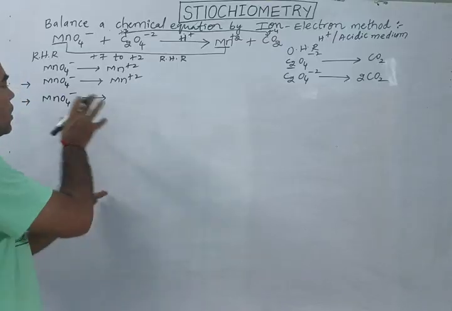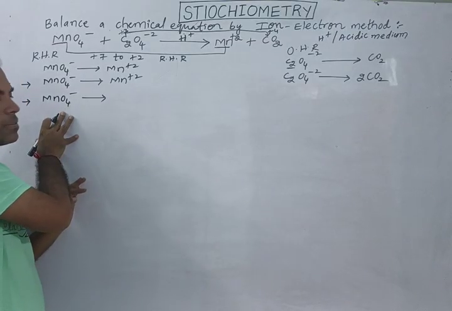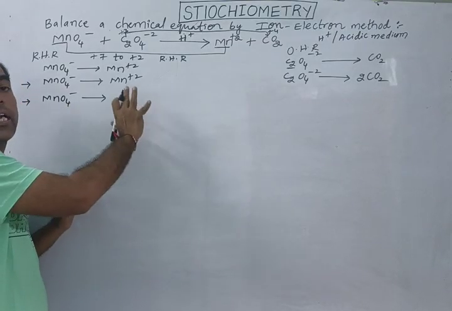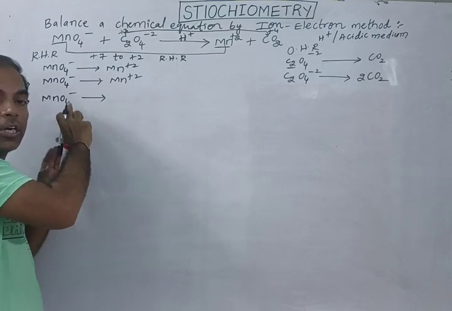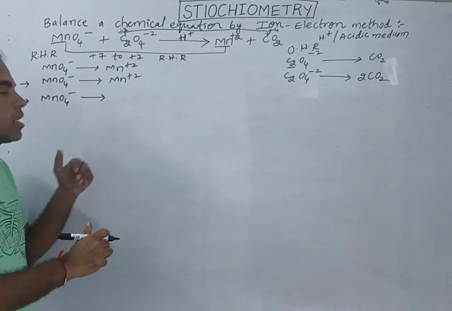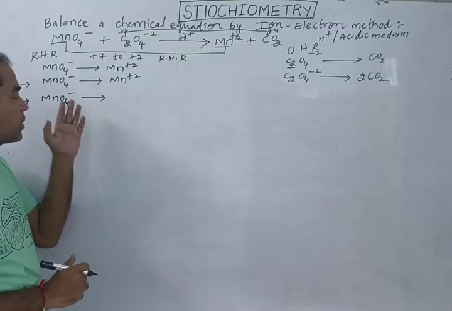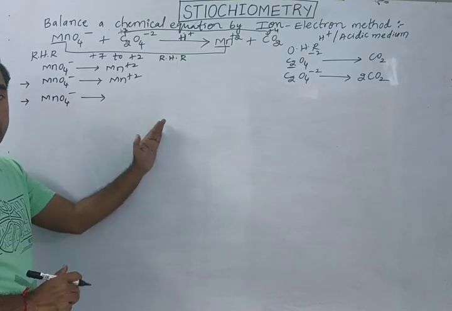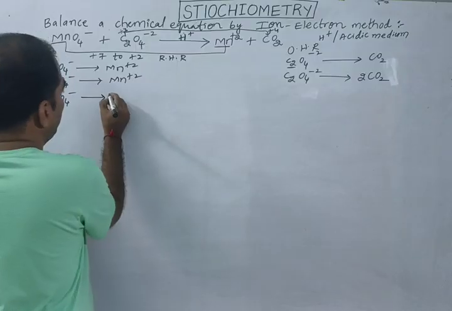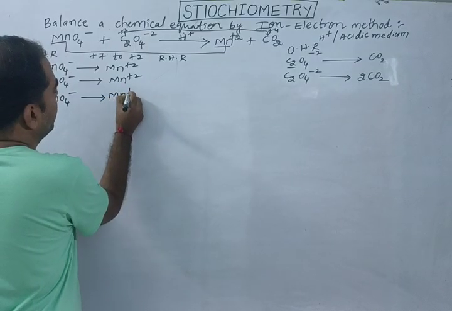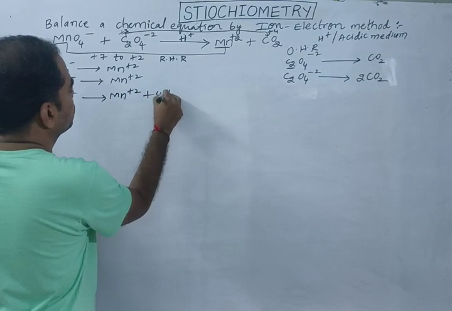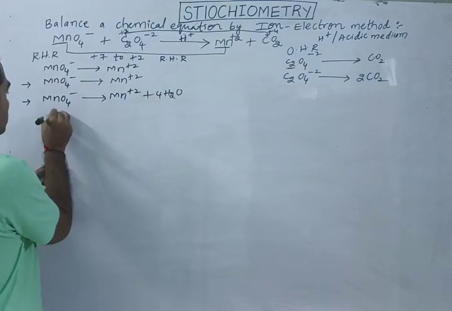On the left side 4 oxygen atoms are present, on the right side there is no oxygen, so to balance the oxygen we add 4 water molecules on the right: Mn 2 plus plus 4H2O. Oxygen is balanced.